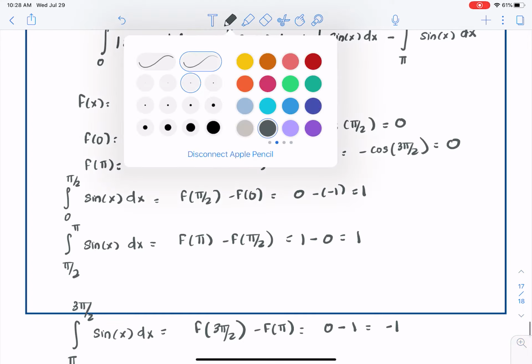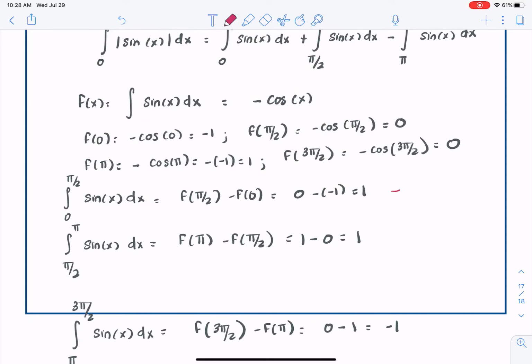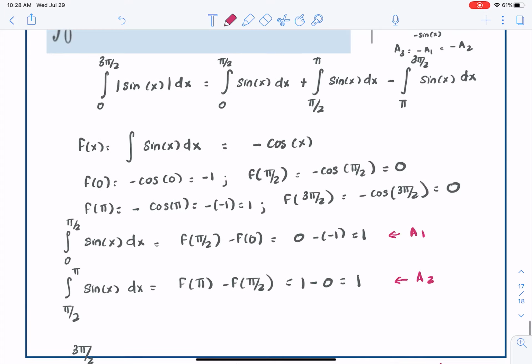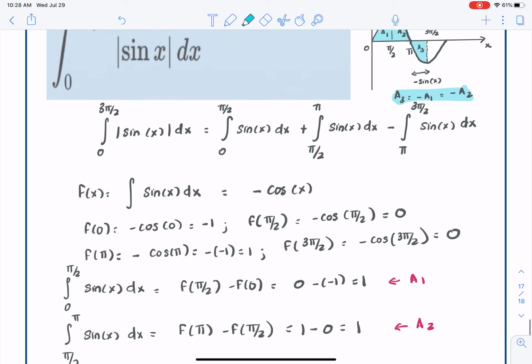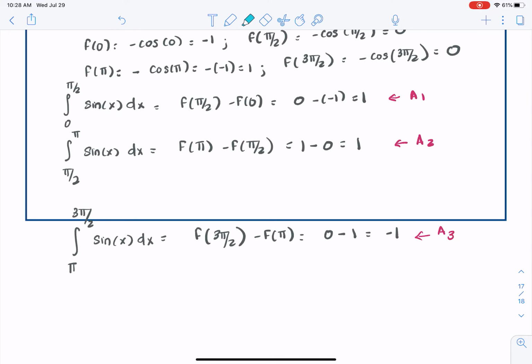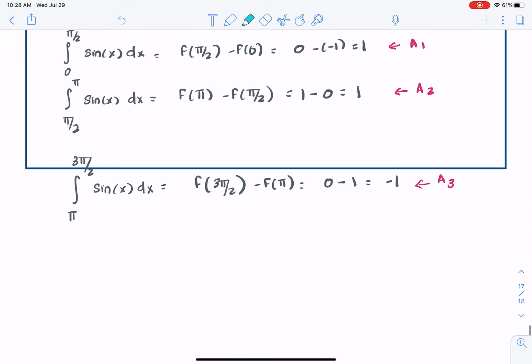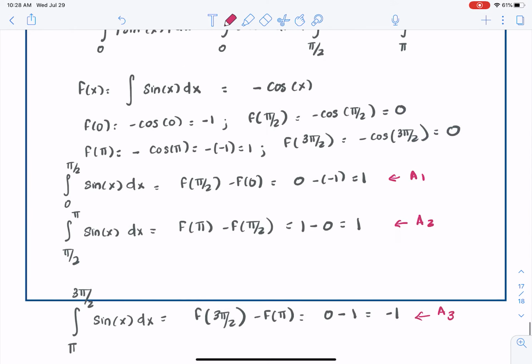So that is a1, that is a2, and that is a3. And you can see earlier I said a3 is equal to the negative of a1 and a2. We can see that happening here. a3 is the negative of a1 or the negative of a2.